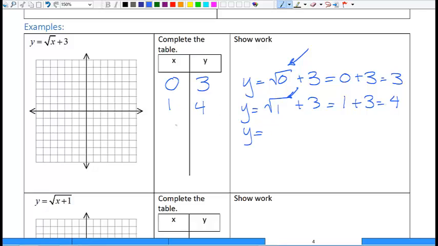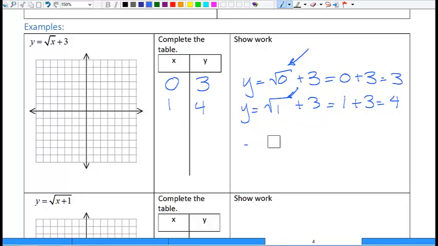You might want to hold up on erasing, because I'm going to erase it in just a minute. When I do 2, y is equal to the square root of 2 plus 3. Now the square root of 2 is defined, but if I don't have a calculator, I don't know how to figure that out. It's like 1.4 something. I don't really know. I'm the author of this problem. Do I really have to pick these x's? Well, I don't. I can erase this and not pick 2.